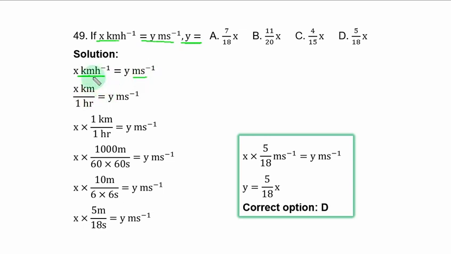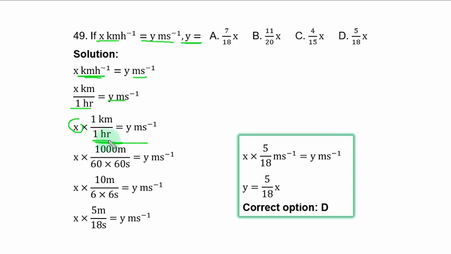Now, this per hour means you can express this as s kilometer over 1 hour. You equate it to the right hand side. If you factor out s, you have it in this form. To express kilometer in meters, 1 kilometer is equal to 1,000 meters in this form.